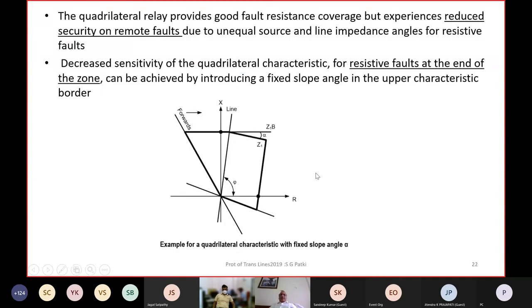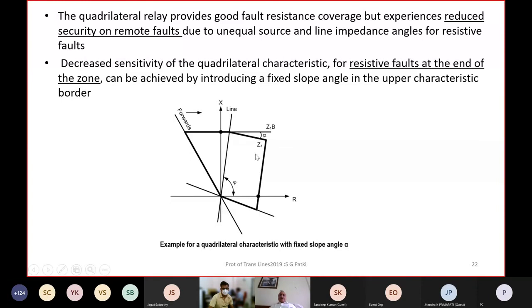This relay has only a disadvantage in a sense that for a very long line, if you have superimposition of fault current and the load current together, the sensitivity of the relay at the end of the line for a very long line can be a problem because of the load and fault current.